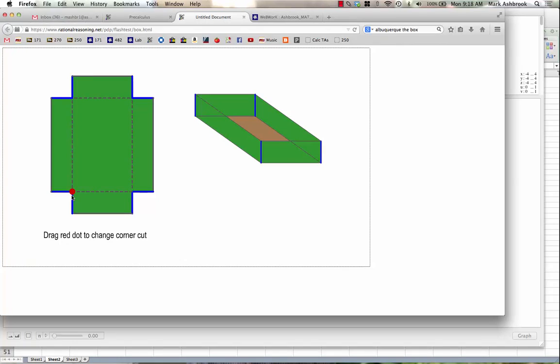Okay, so you guys were telling me about constant and changing quantities in this situation. Let's start with some constant quantities.